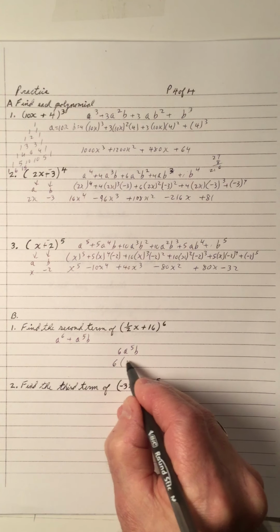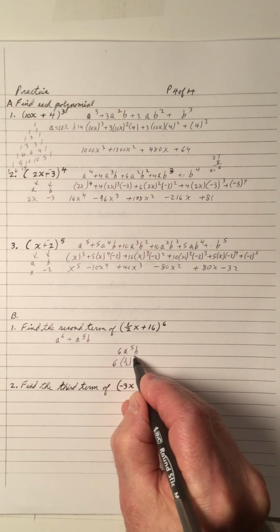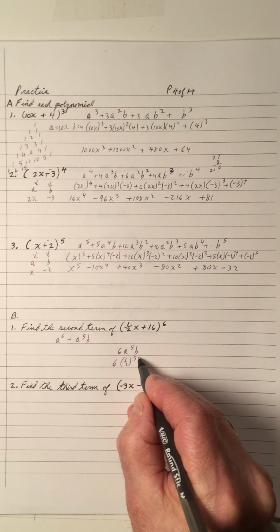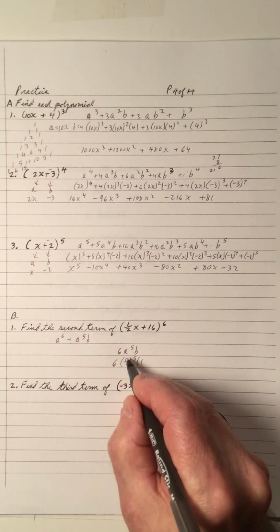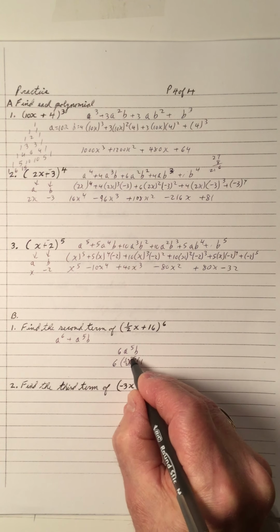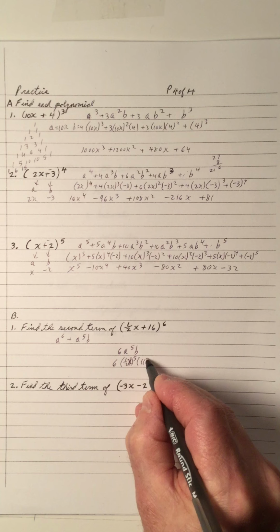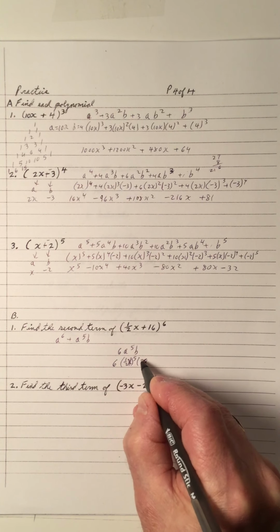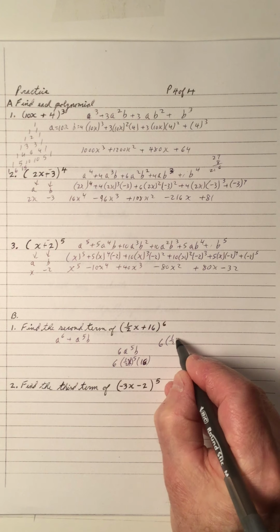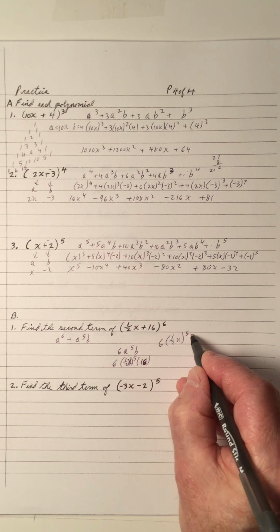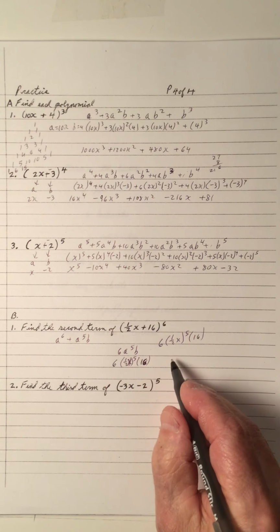So a is a half to the fifth power, and b is a 16. Oh, that's an x. Don't forget that's an x there now. And that's a 16. Better be careful. So write that down better so you can see it. That's the half to the fifth power and a 16.